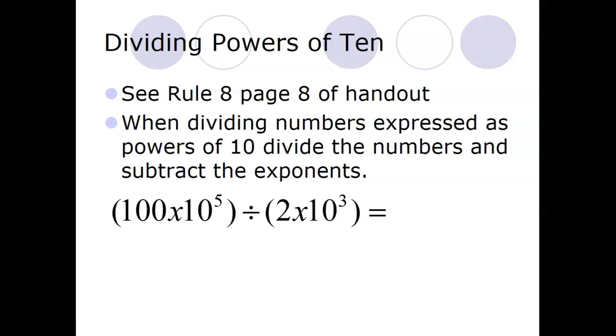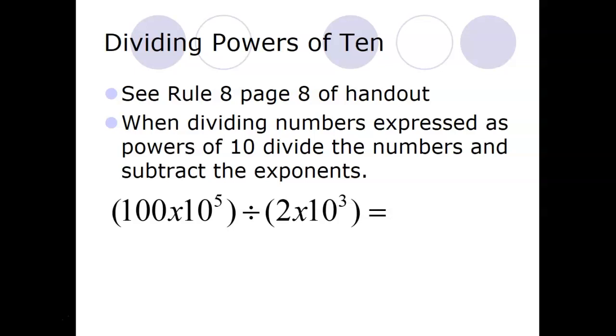But in this case, what I'll bring this down to is 10 times 10 to the 6th divided by 2 times 10 to the 3rd. Because I can divide 10 by 2, but I can't divide 1 by 2, right? That won't work. Never does.